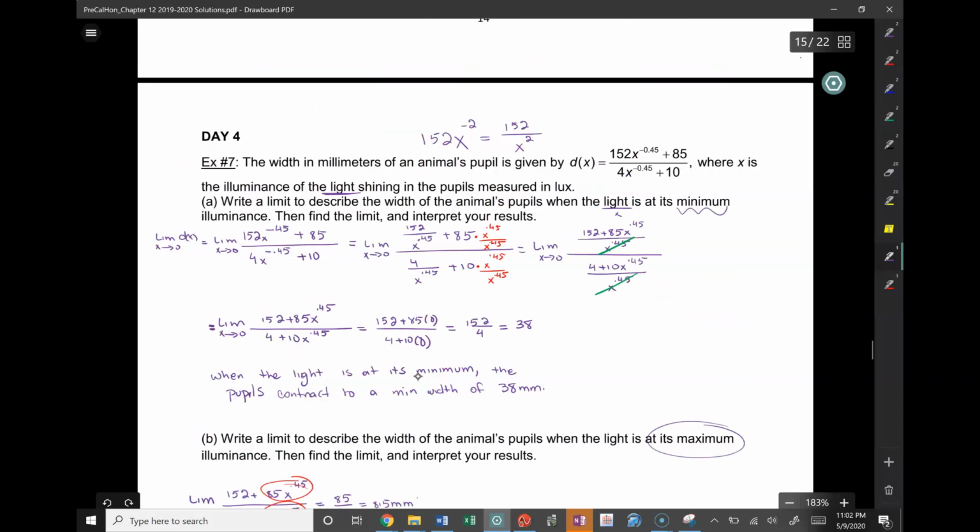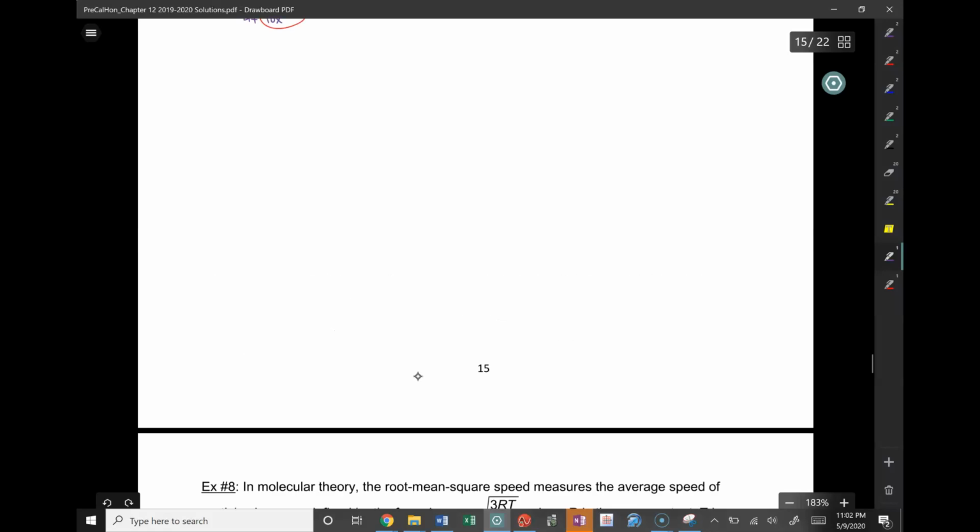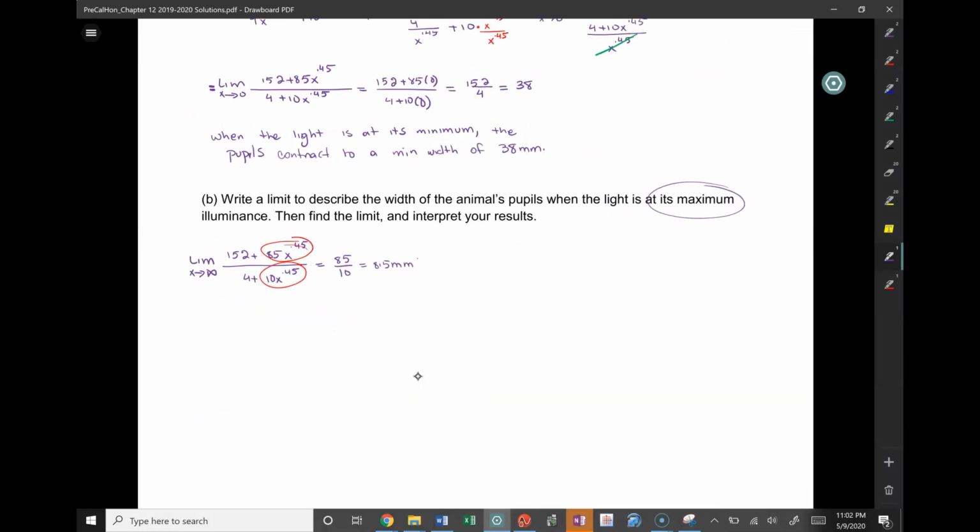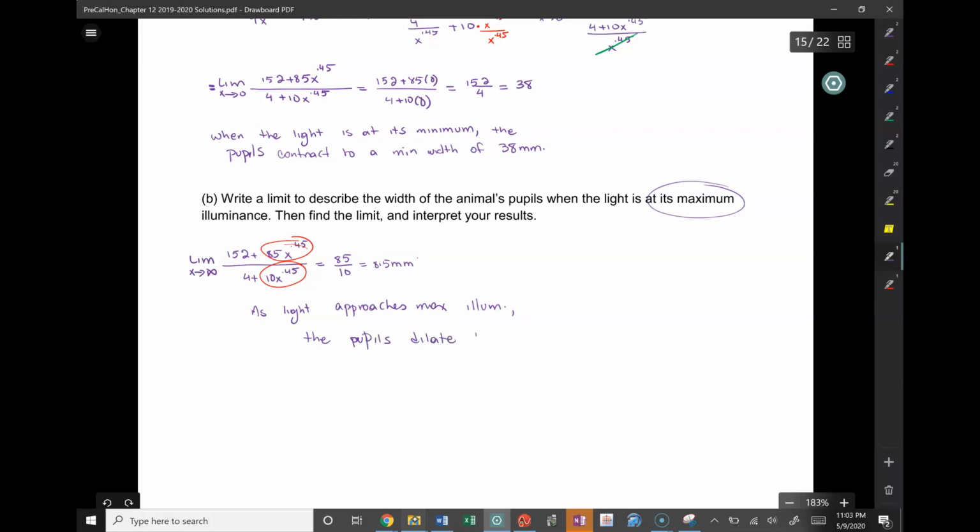And so to interpret our results, as the light approaches a maximum illuminance, I'm having trouble with my pen, I'm going to abbreviate illuminance, the pupil's width, I'm going to abbreviate, the pupils dilate to a maximum length of 8.5 millimeters.